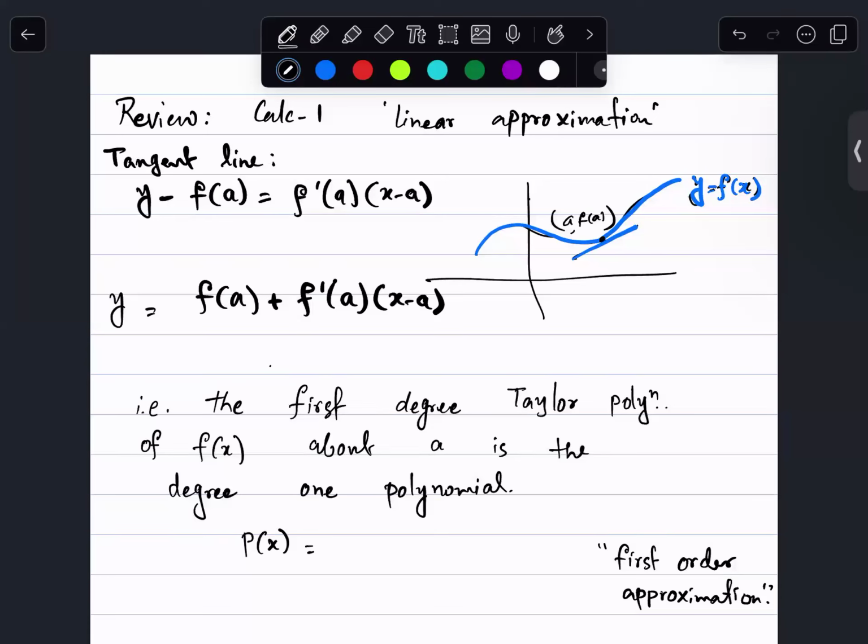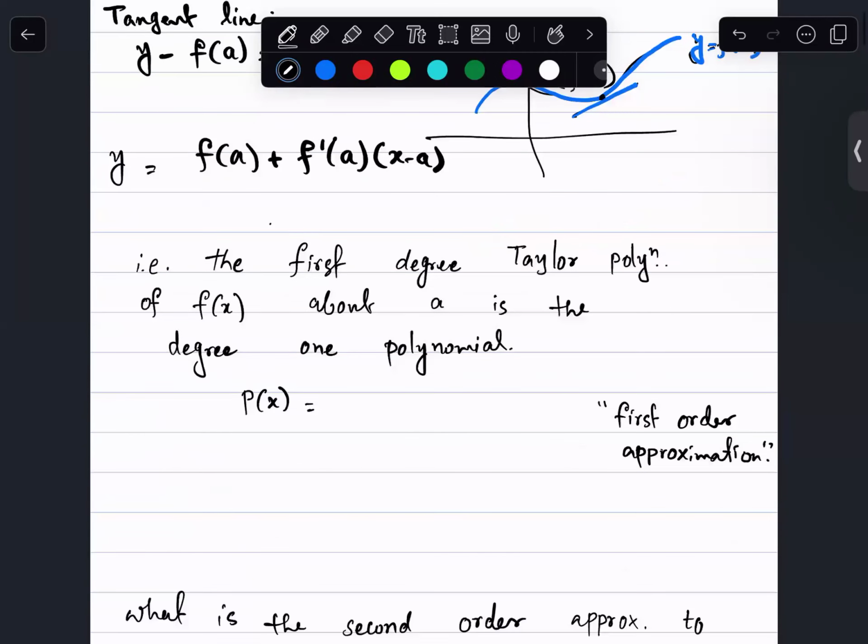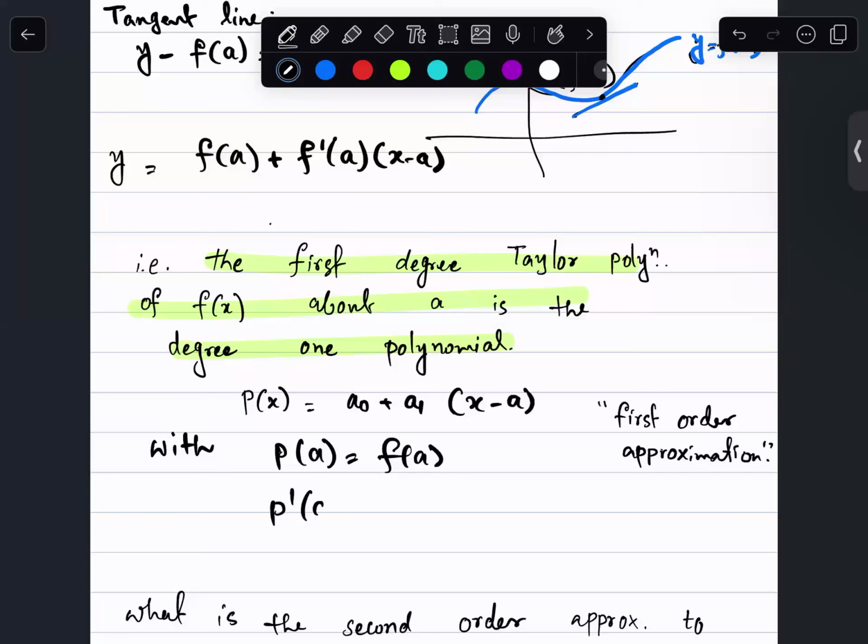Now, the first degree Taylor polynomial of f(x) about x equal to a is the degree 1 polynomial p(x), where p(x) is equal to a0 plus a1 times (x minus a), but it has to satisfy two conditions. One is p(a) should match f(a), and p prime a should match f prime a.